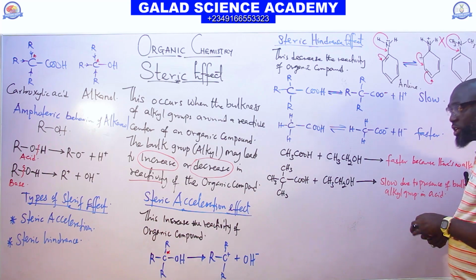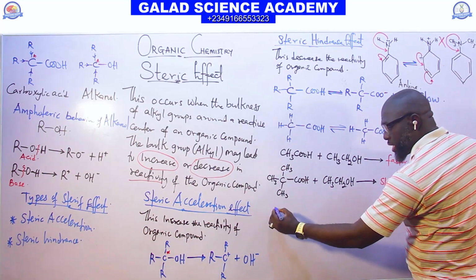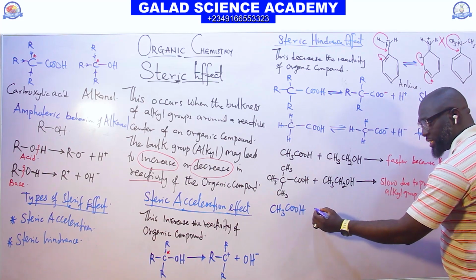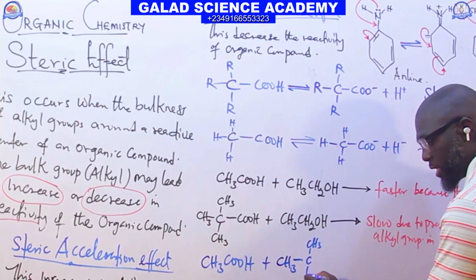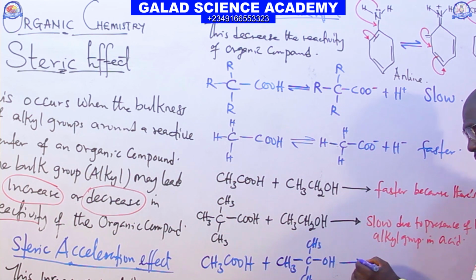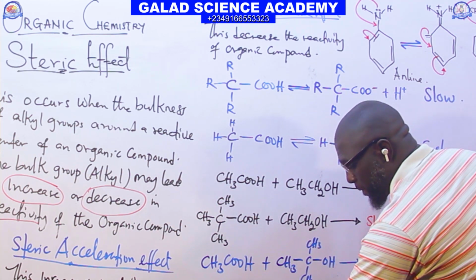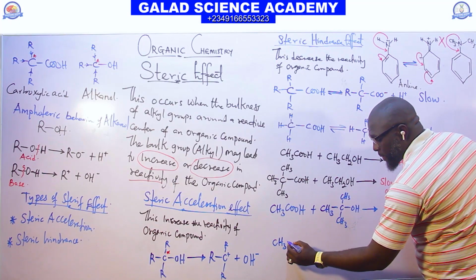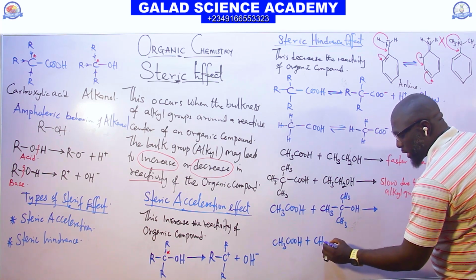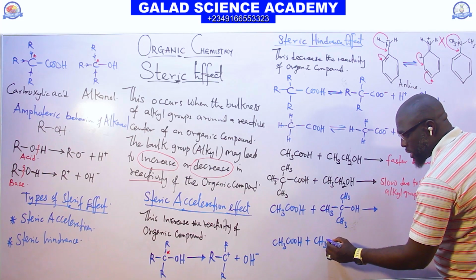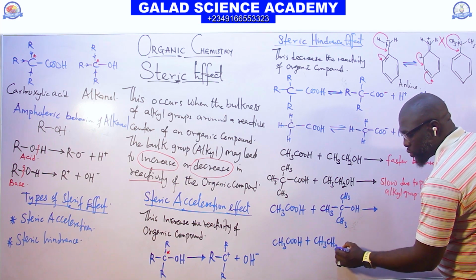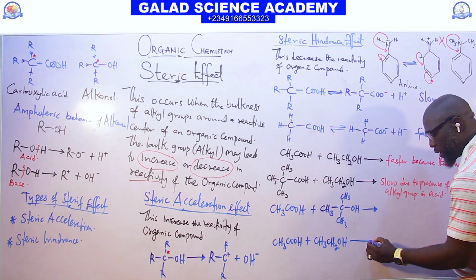If you are given a reaction of CH3COOH, ethanoic acid, with CH3OH, and the other one is CH3COOH plus the bulkier alcohol, CH3CH2OH.